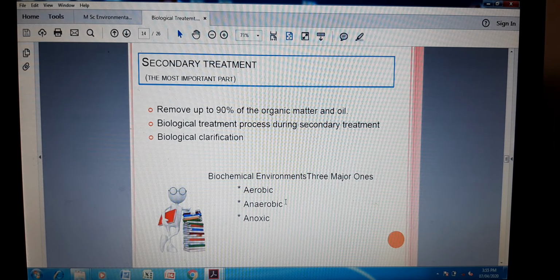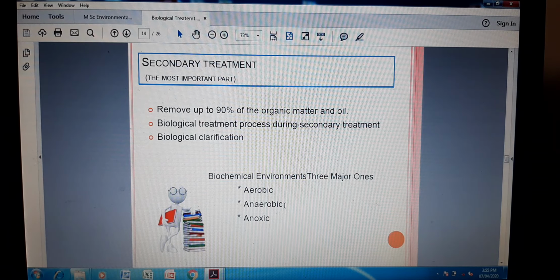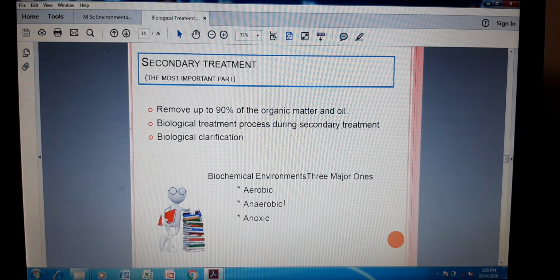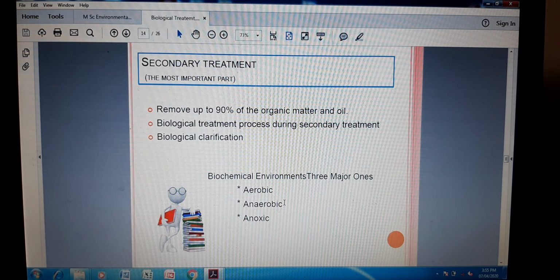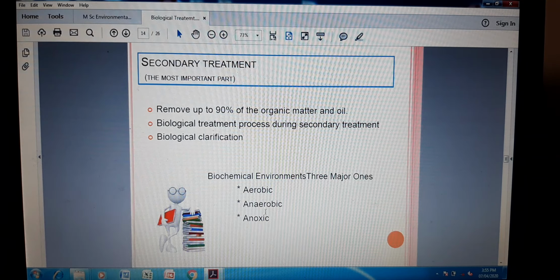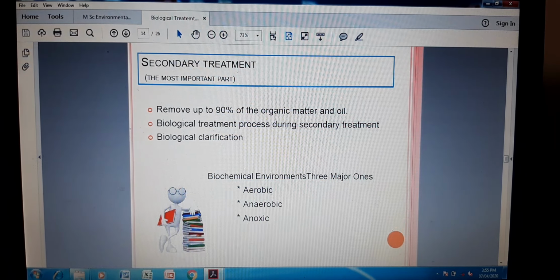There are some bacteria that don't require oxygen, some organisms that require oxygen for their survival, and some that sometimes require oxygen and sometimes don't, which is called anoxic. So all three methods are present in this biochemical environment or secondary treatment.